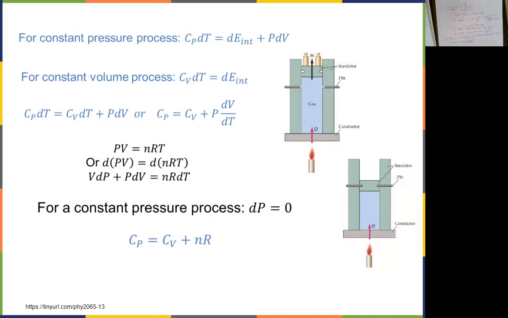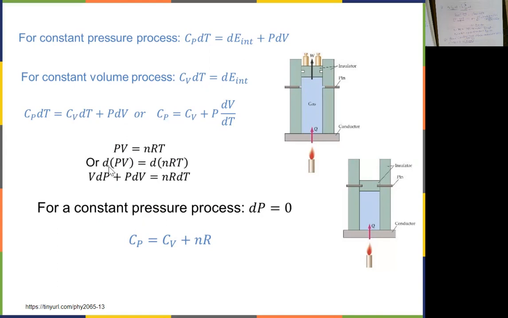Now for ideal gas, you always have the ideal gas law, PV equals nRT. From this ideal gas law, you can take the derivative of both sides. The derivative of PV should be equal to the derivative of nRT.